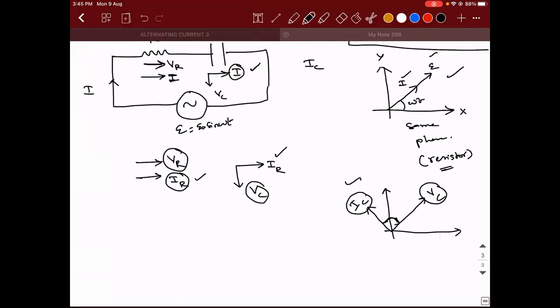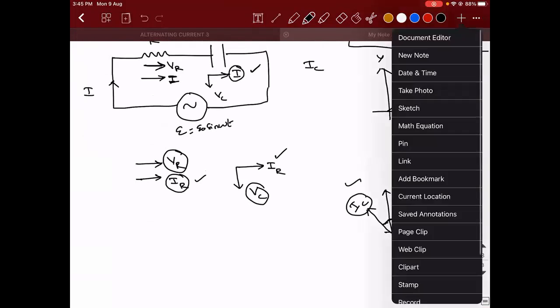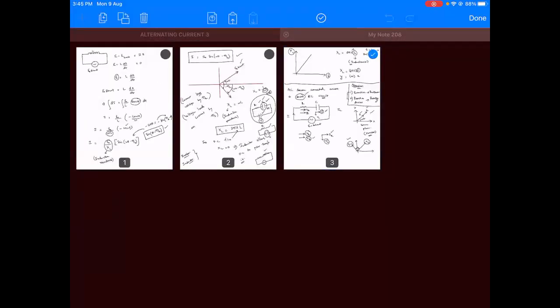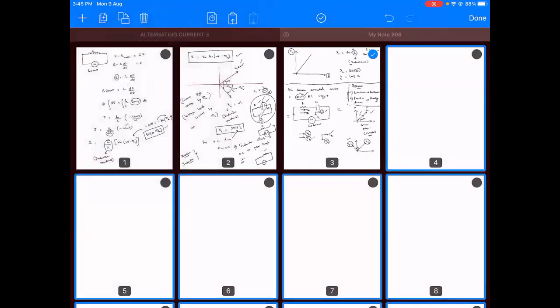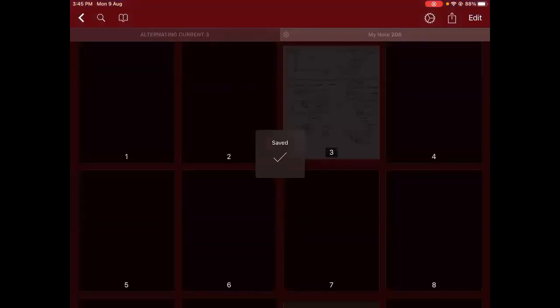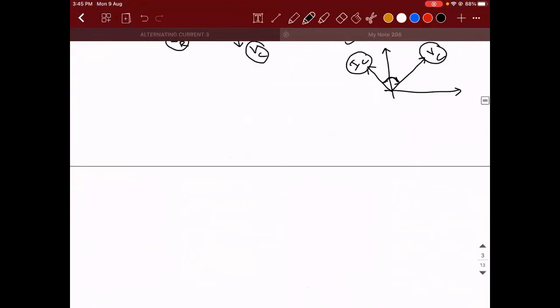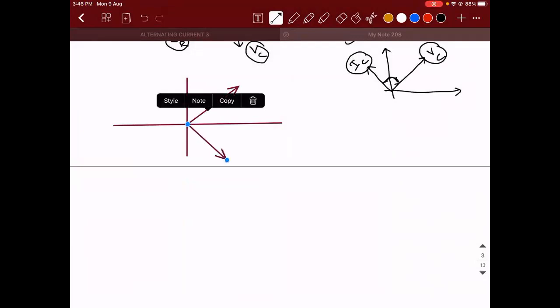Okay. So if I plot a phasor diagram, where this is VR, then how will VC be? VC will be in this direction.